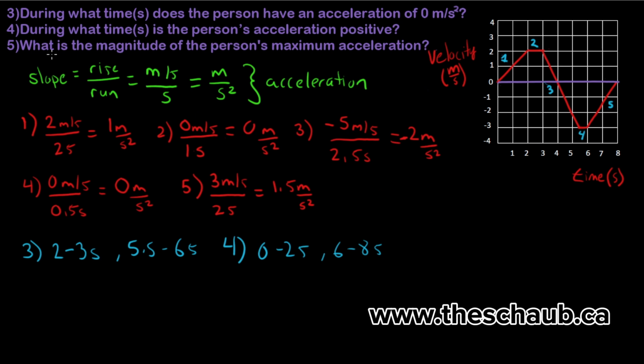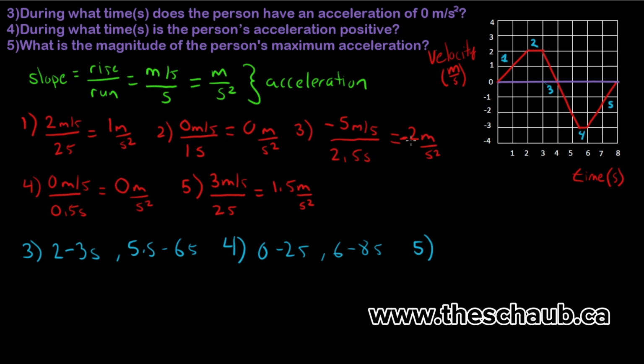In question 5, we're asked, what is the magnitude of the person's maximum acceleration? Remember, the positive and negative signs just indicate direction, so we can ignore these when we're finding the maximum acceleration, particularly here where we're asked for the magnitude and not the direction. So we're just looking for the biggest number.